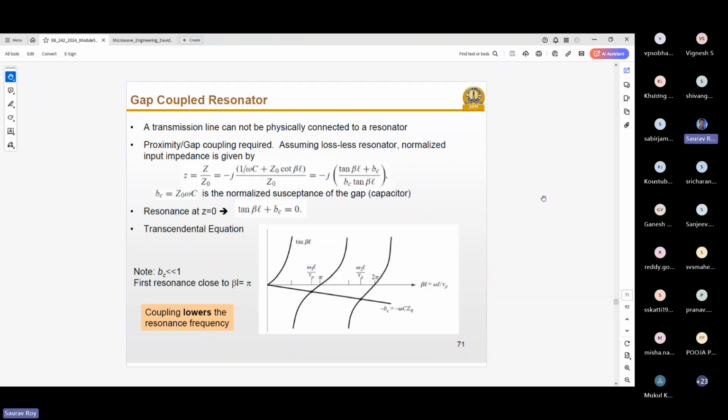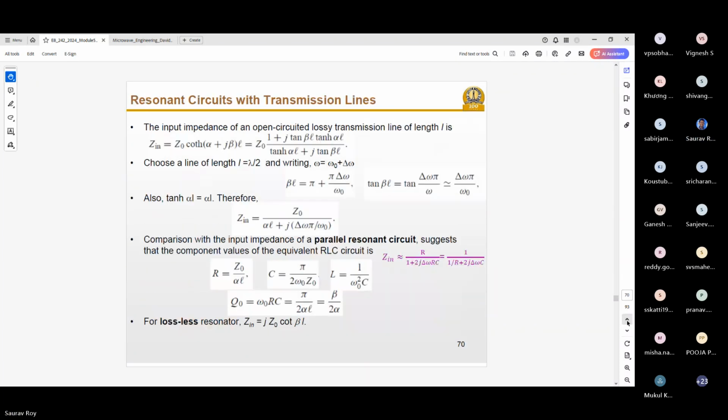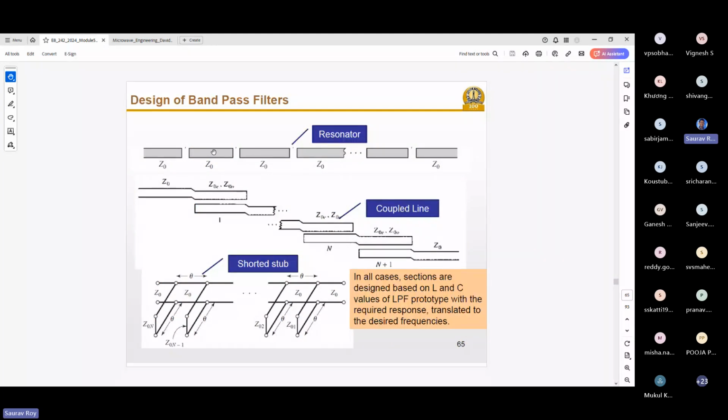One of the important implementations is called the gap coupled resonator. The first one you see here is the gap coupled resonator. The gap means between two microstrip line sections there is an air gap.